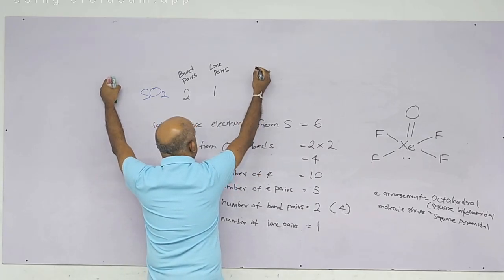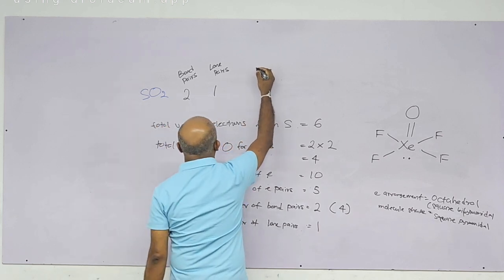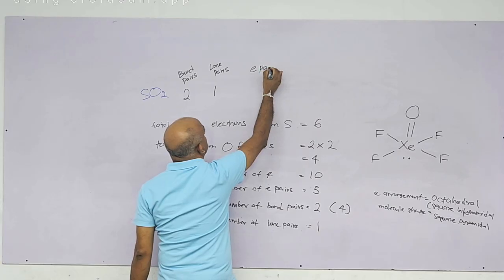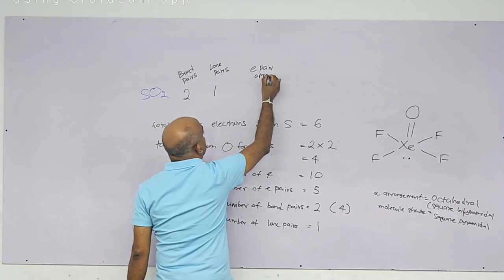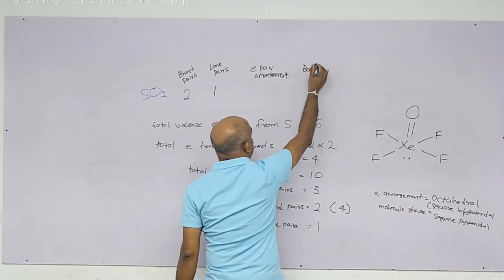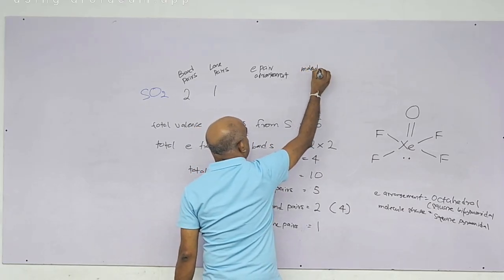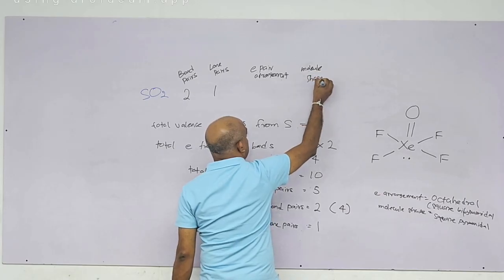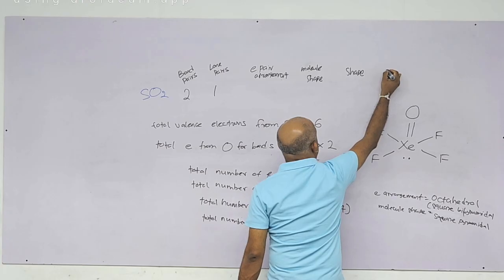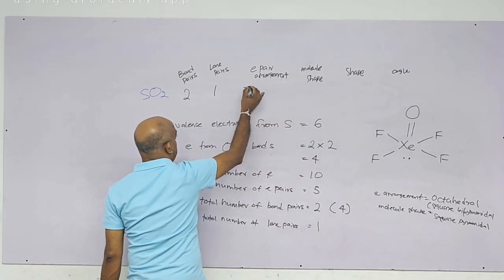Then bond pairs, lone pairs, and then electron pair arrangement, molecule shape, then angle. For 2 1, the electron pair arrangement is trigonal planar.